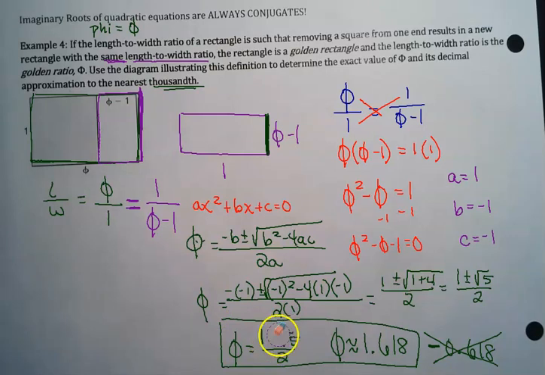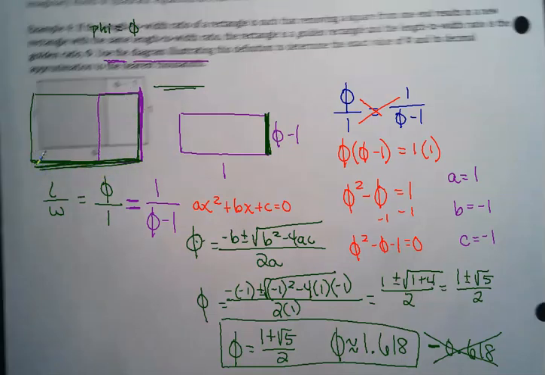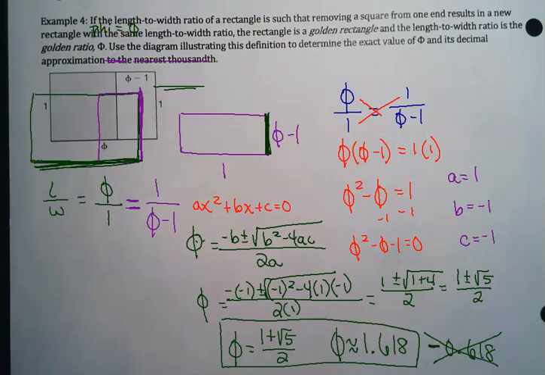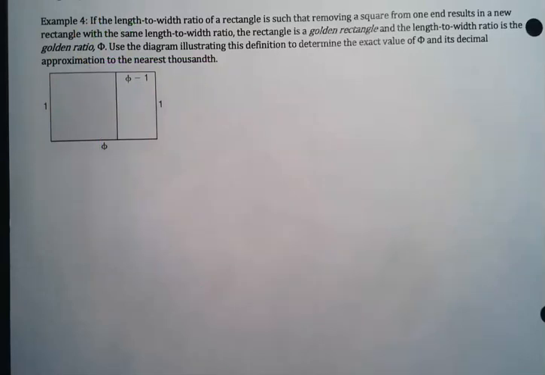No, this would just be 1 plus the square root of 5 divided by 2 is the exact value. So there's only one answer in this case, because if we do real world application, we cannot have a length of a negative number. That is physically impossible.